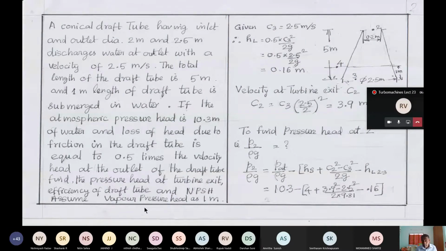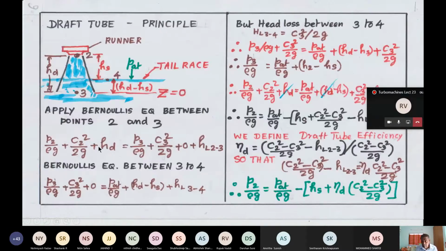This equation was there in the previous discussion. So P2 by rho g, this equation is the one which we are talking about.